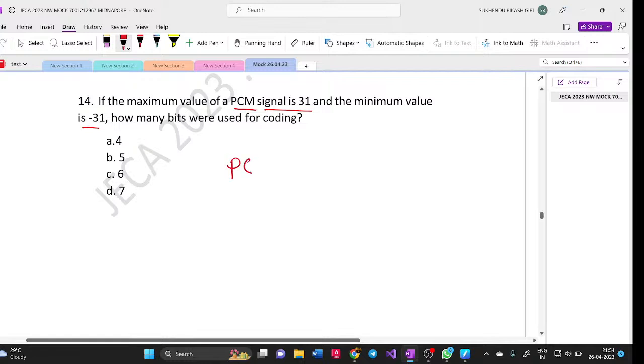Can you count how many values this range covers?